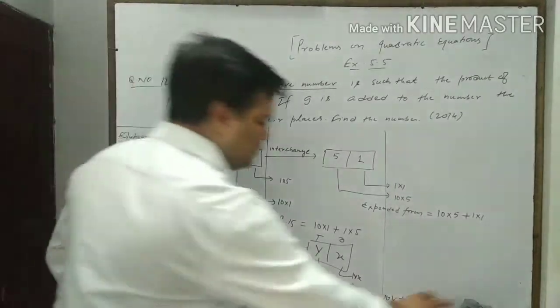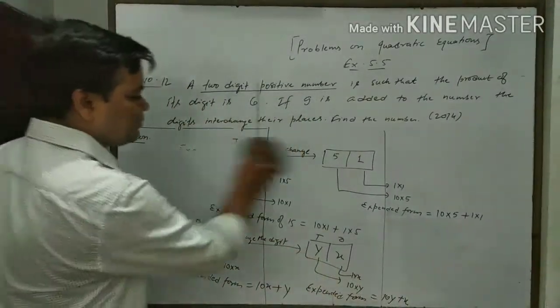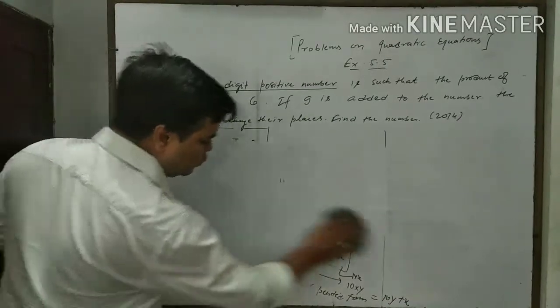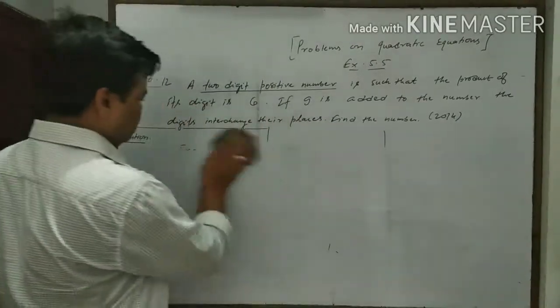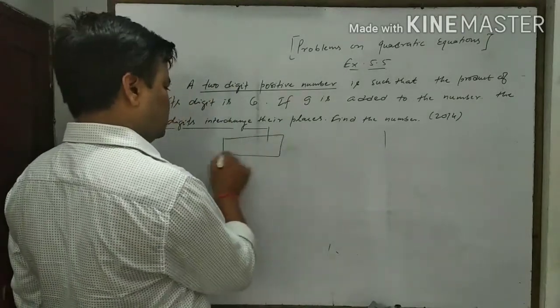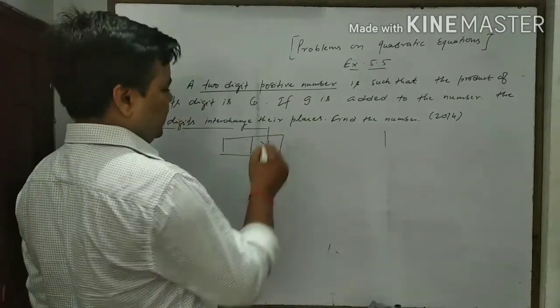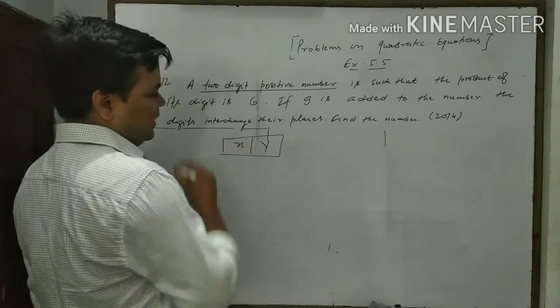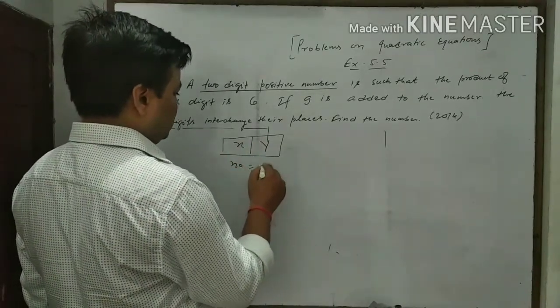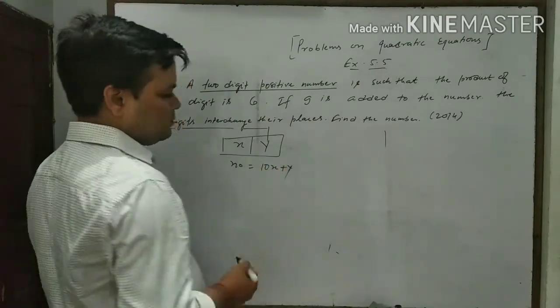Okay, simply it means if we take a 2-digit number for which the ones place is y and tens place is x, then the number will be 10x plus y.